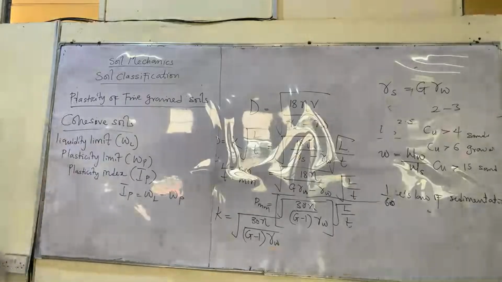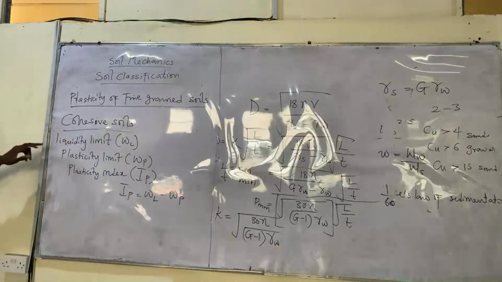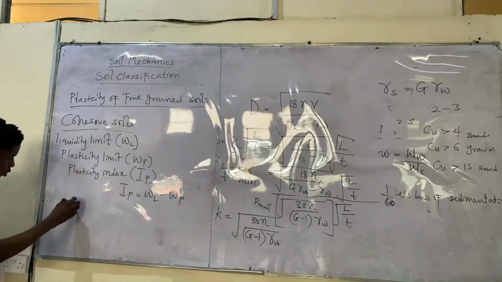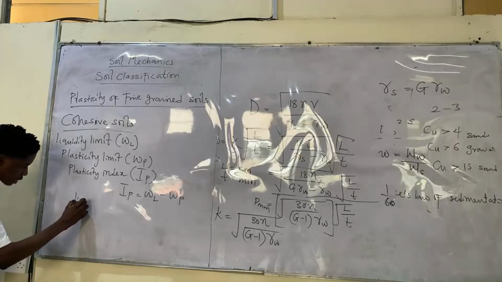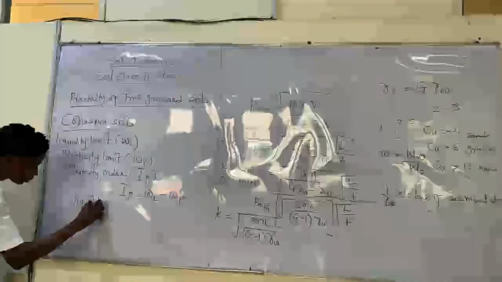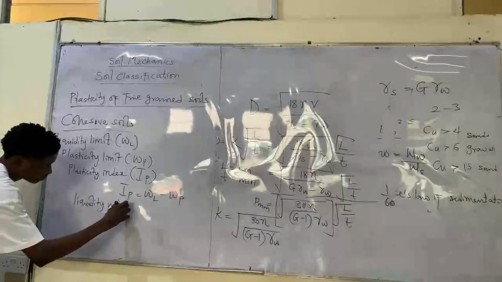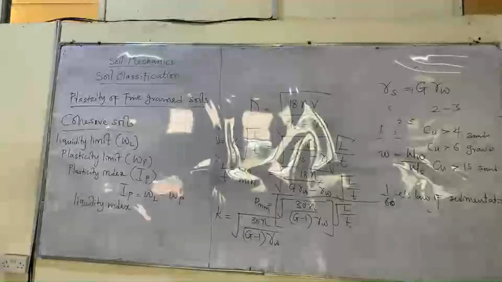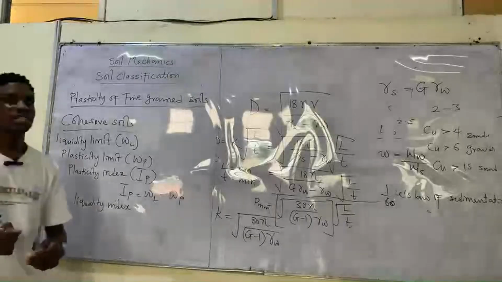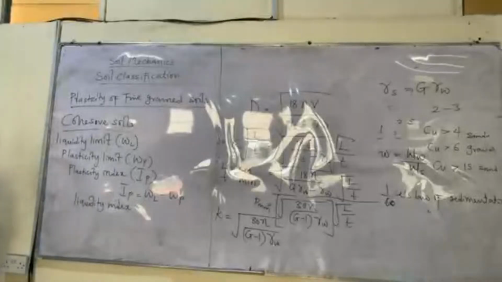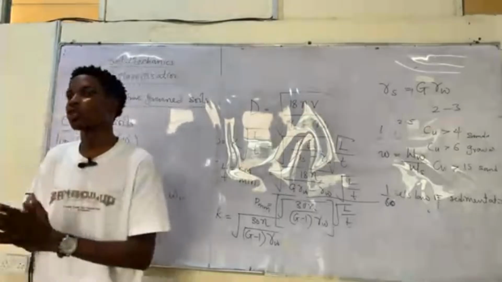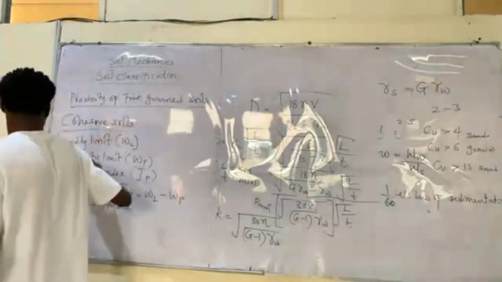Okay. So we've discussed the liquid limit, plastic limit, plasticity index. Now we move on to the liquidity index. Now this liquidity index is sort of different. It is comparing the water content of the soil we are taking into consideration to the plastic limit.